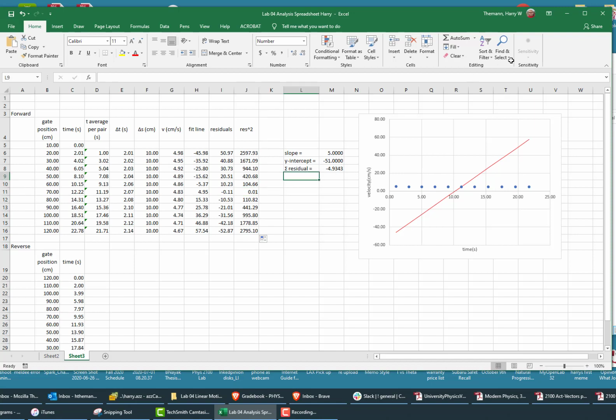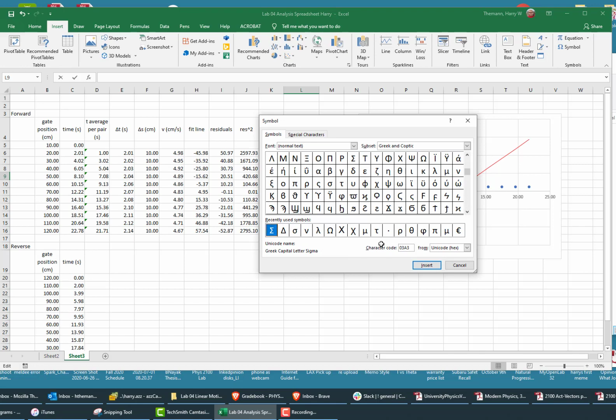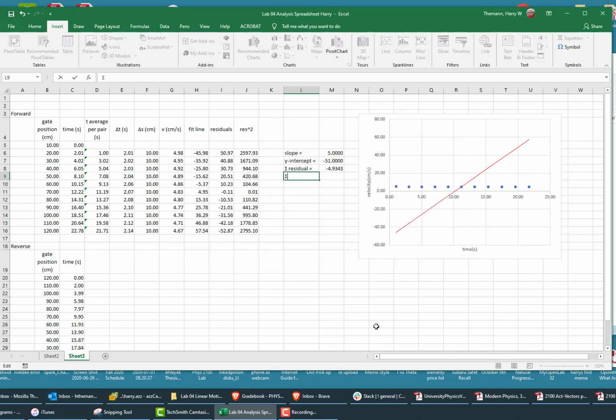So now we're going to say that this is the sum of, let's get that fancy symbol again, the sum of the residuals squared, and equals the sum of all these guys. And notice that's a monstrous number.